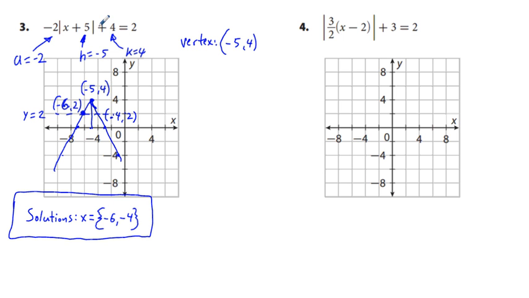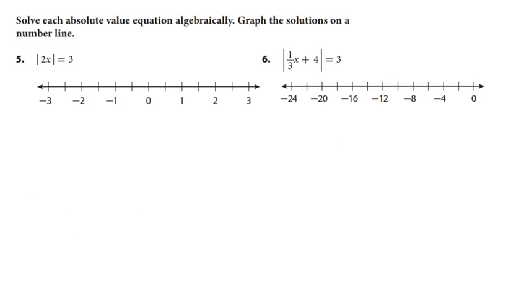Now we're just doing these graphically now. Now solve algebraically. Now here's what you have to look for. If you have an absolute value bracket by itself, and that is equal on the right side to a positive number, you're going to have two solutions.